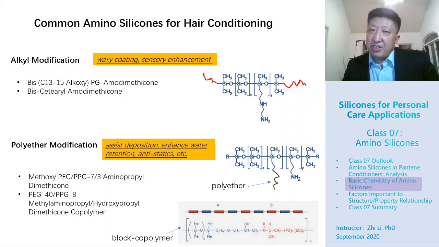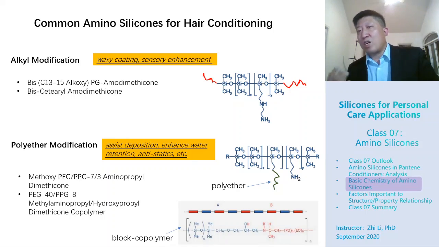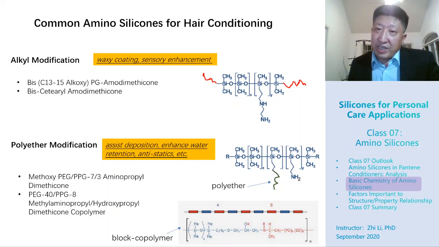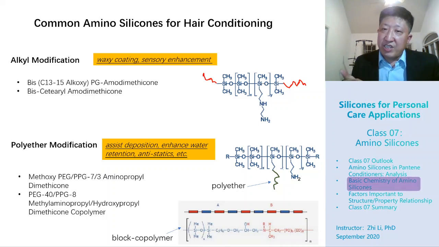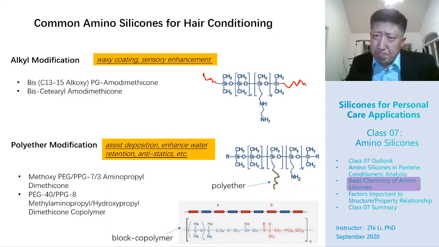You find that for the damaged part, for the hydrophilic part, you might want some polarity in the silicone structure to help or assist the deposition. Even for all those things, the silicone is going to have a lower surface tension in the first place. So the understanding of what people are talking about is that polyether modification helps or assists deposition to some extent.